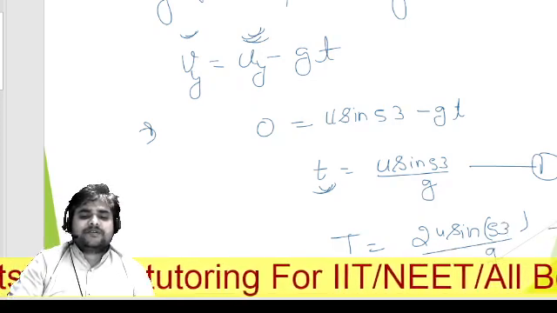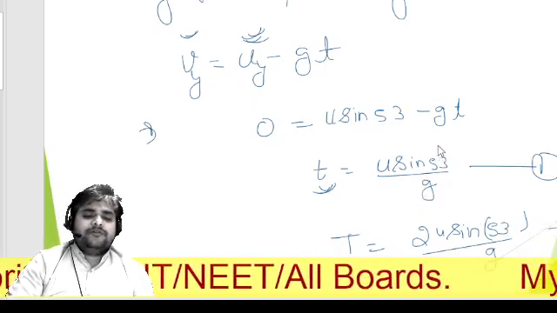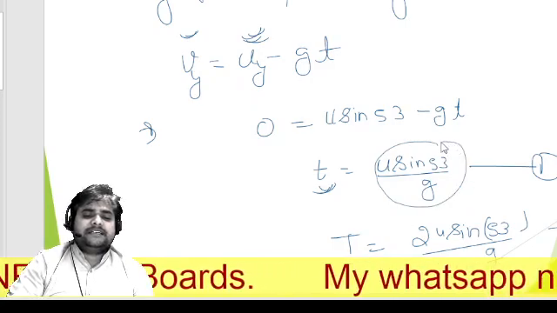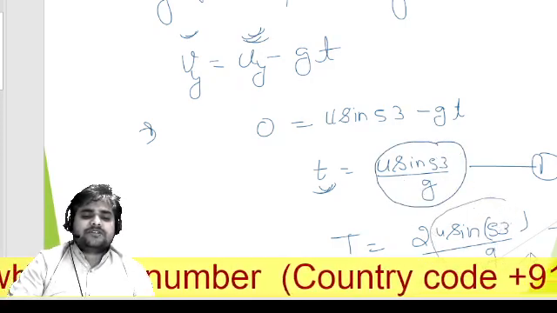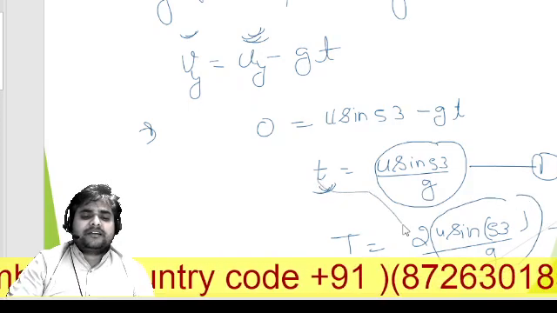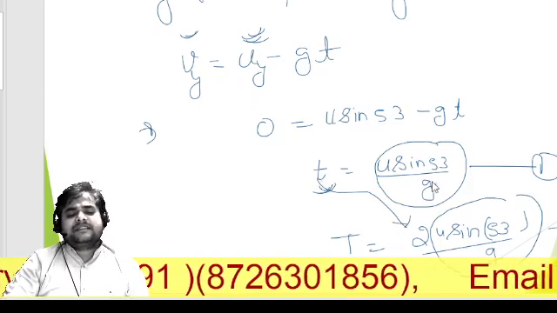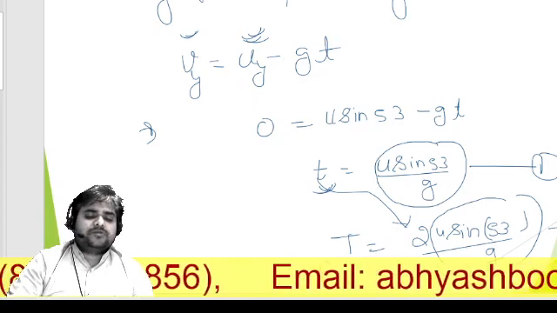Let's suppose this is equation 2. Now we can see that u sin theta upon g appears here, and it is also u sin theta upon g in equation 1. Now we can plug this value into equation number 2.